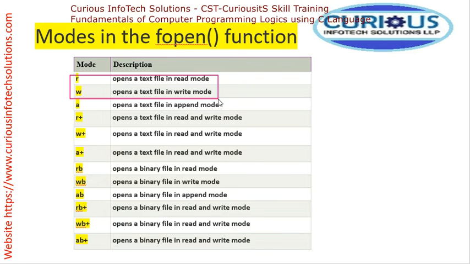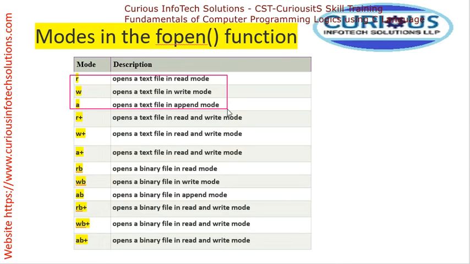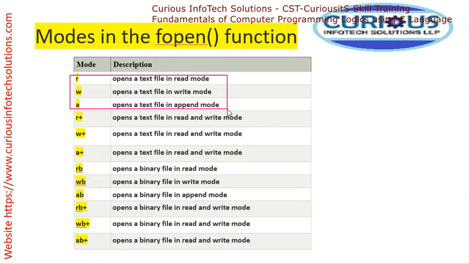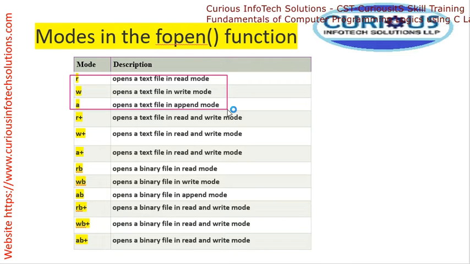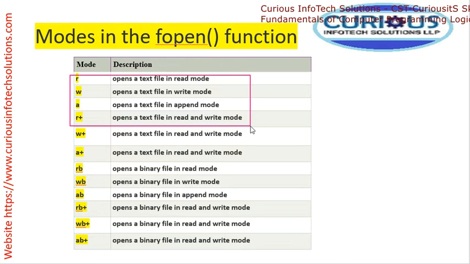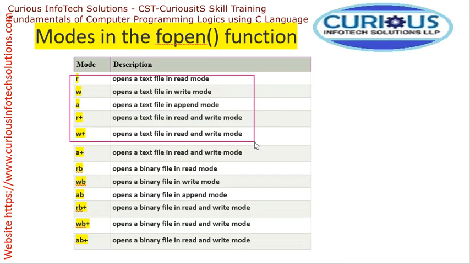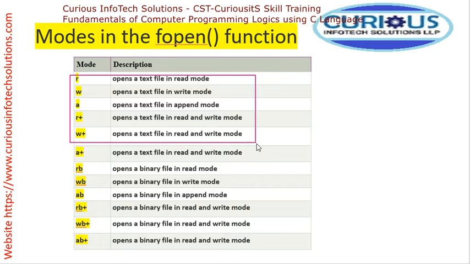Then w, that will open a text file in write mode. a, open a text file in append mode. Append means you start from the last edited position. Then r plus, it opens a text file in read and write mode. w plus opens a text file in read and write mode.